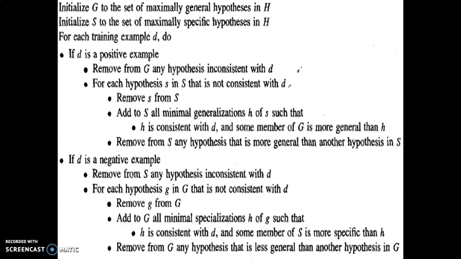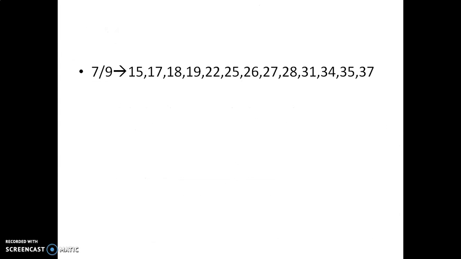Then we have to add to G all minimal specializations H of G such that H is consistent with D and some member of S is more specific than H. Remove from G any hypothesis that is less general than another hypothesis in G. We will see the example, then we will understand it completely.